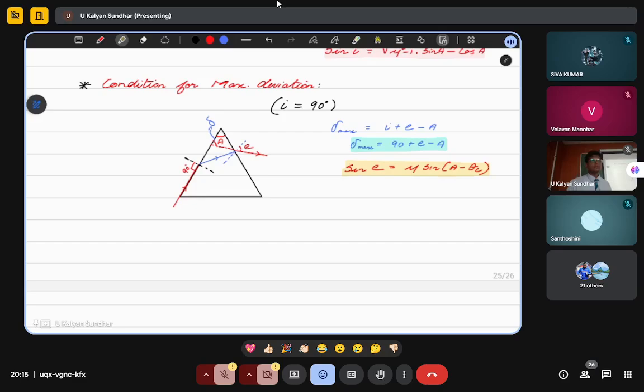Next, what you would have studied in school: what deviation? Minimum deviation. You will be applying the same Snell's law, right?